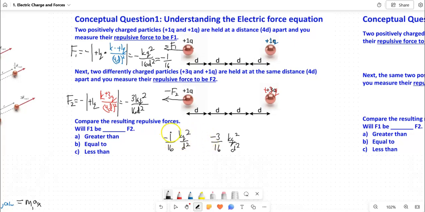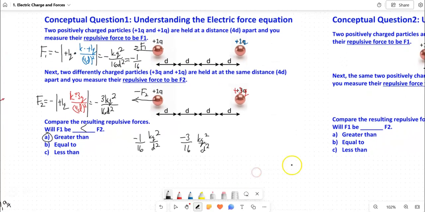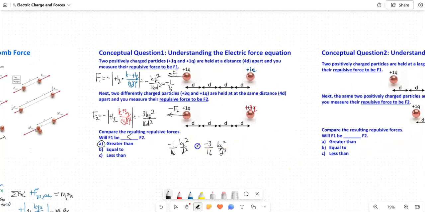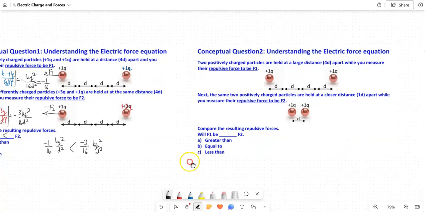So which number is bigger, 1/16 or 3/16? 3/16. So F2 is bigger than F1. All right. Hope you learned that. So we're going to be practicing building those equations, but also our little force diagrams. All right. Moving right on.